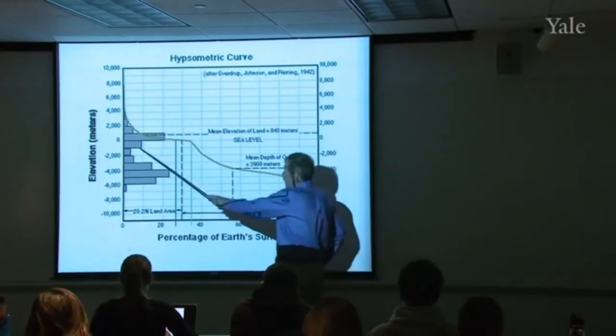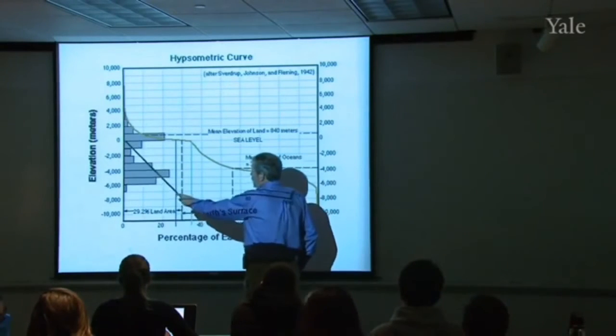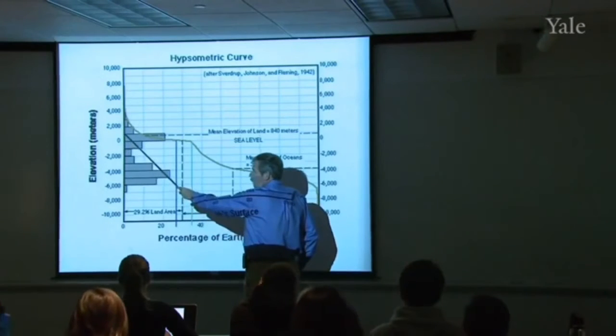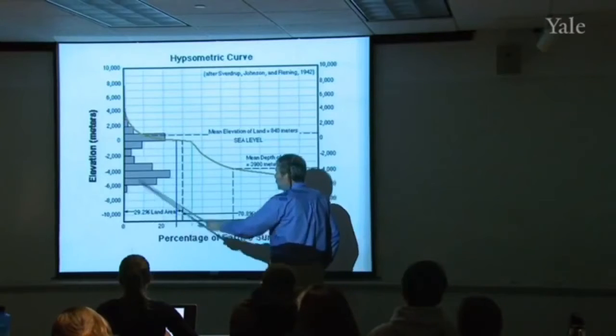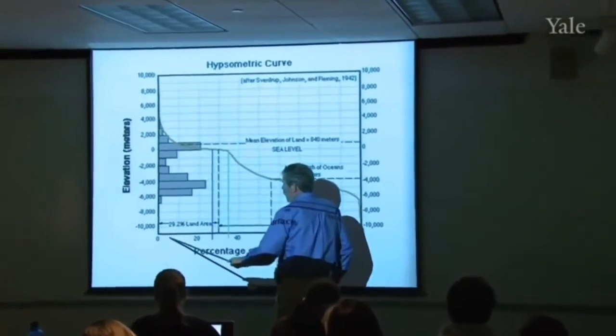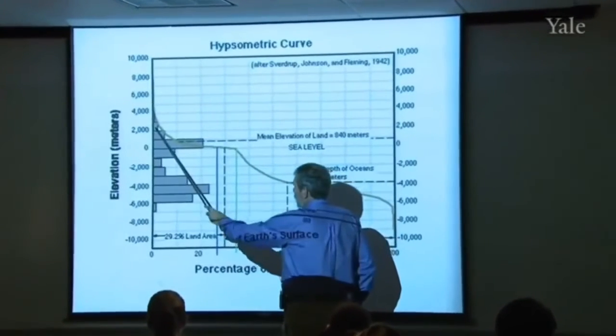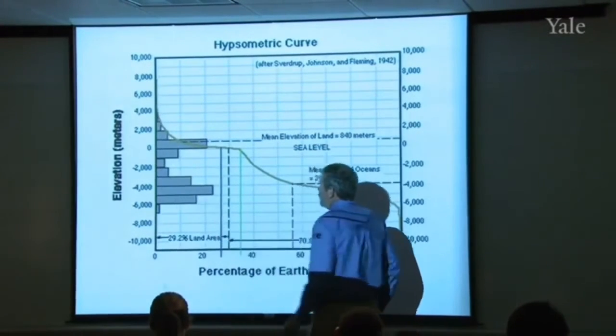What's shown in the bar graph then is the percent of the Earth's surface that lies, for example, between sea level and 1 kilometer above, and it's about 20% of the Earth's surface. Between 1 kilometer and 2 kilometers above sea level, it's about 5% of the Earth's surface. And you find some parts on the continents that are even higher, even up to 4.